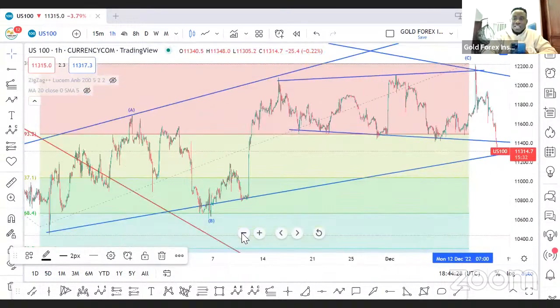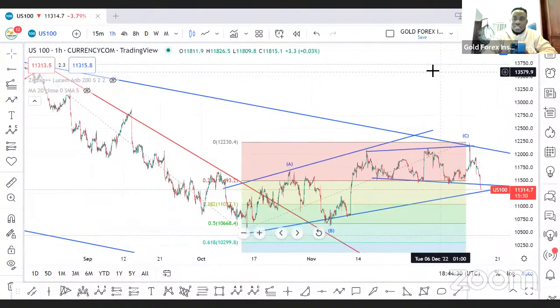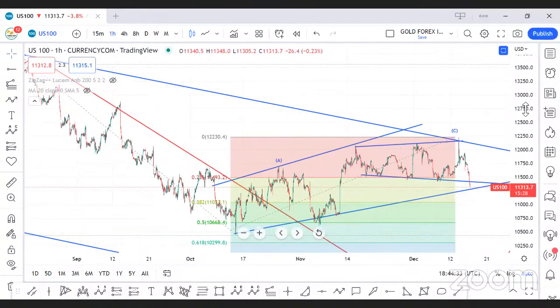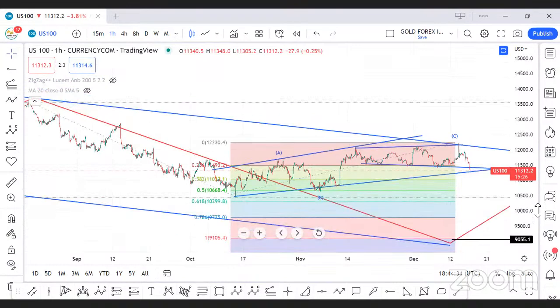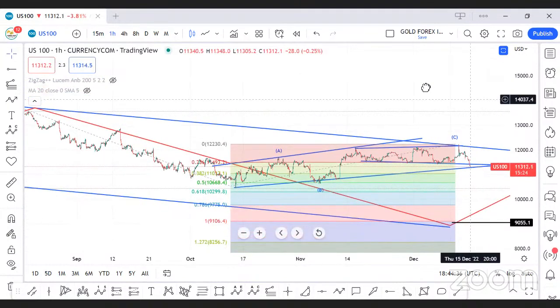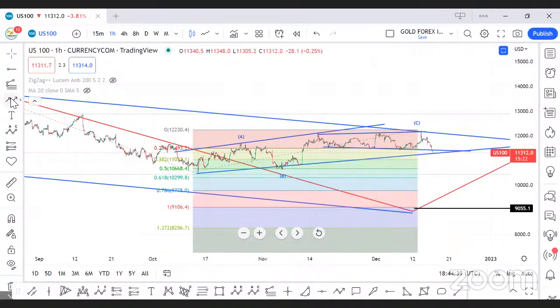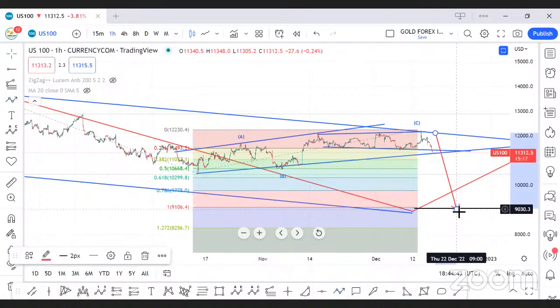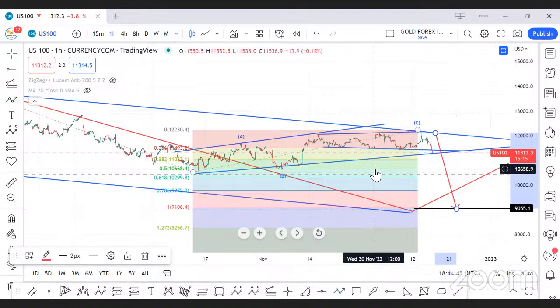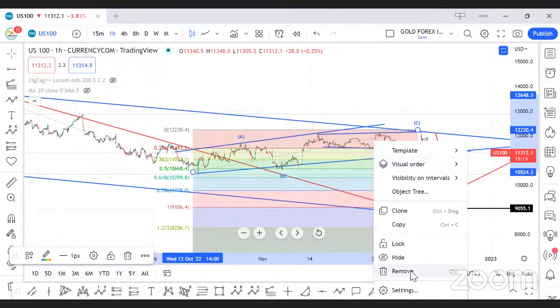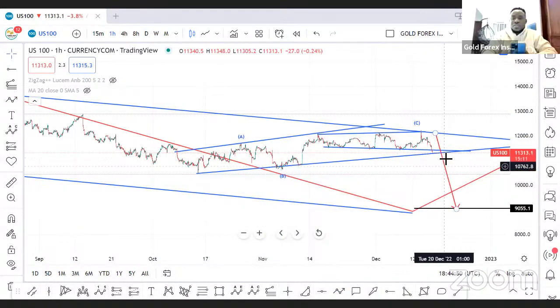The structure is broken. We just have to wait for this flag.